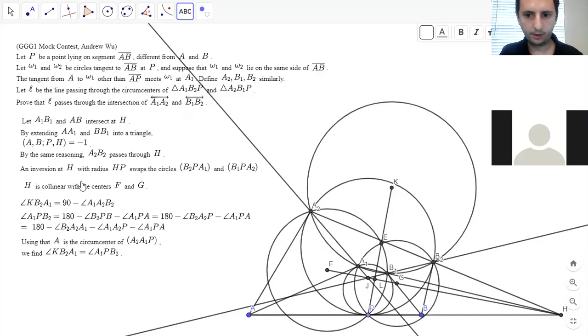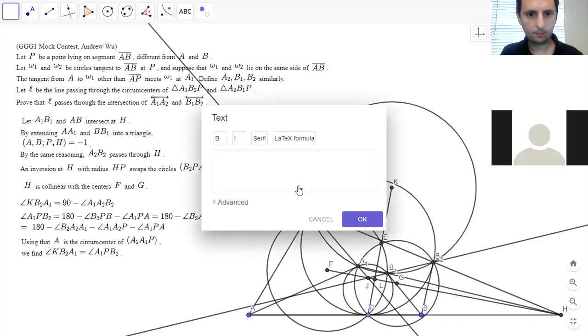And then we have HB times HB1 equals HB times HA equal to HB2 times HA2, and that means that A1, B1, B2, A2 is cyclic.